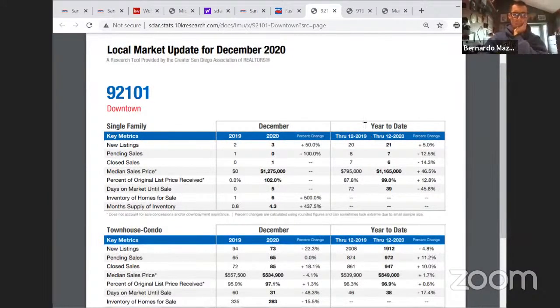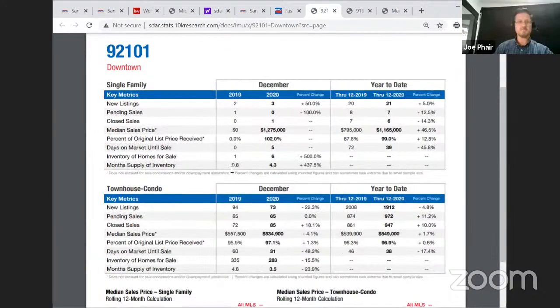December of 2020, downtown, looking at condos, new listings is down 22%. Median sales price, check this out, it's down 4%. Their values actually fell. Now, their time on market is still high. You guys remember that we saw that the time on market down in Chula Vista was like 2 weeks? Their time on market is 31 days.